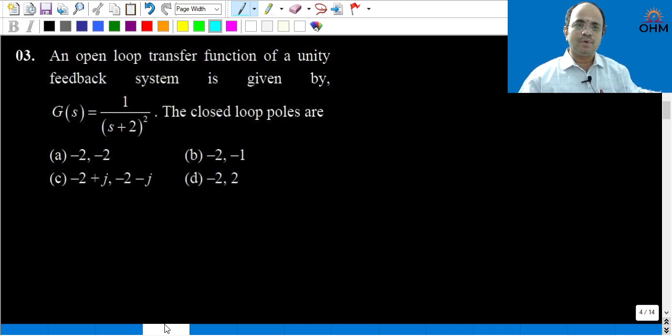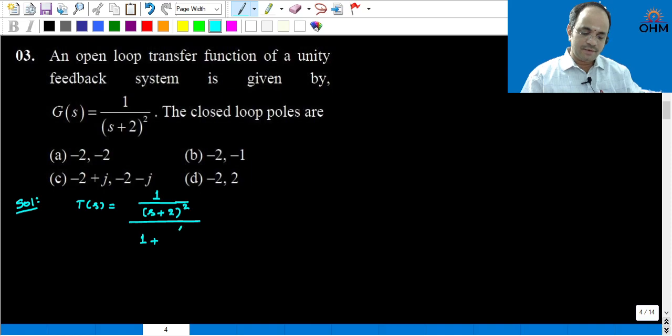The closed loop poles are, here also same procedure, closed loop transfer function can be written as G(s), which is 1/(s+2)², divided by 1 plus G(s), 1 plus 1/(s+2)². Therefore, this is equal to 1 divided by s² plus 4s plus 4 plus 1.